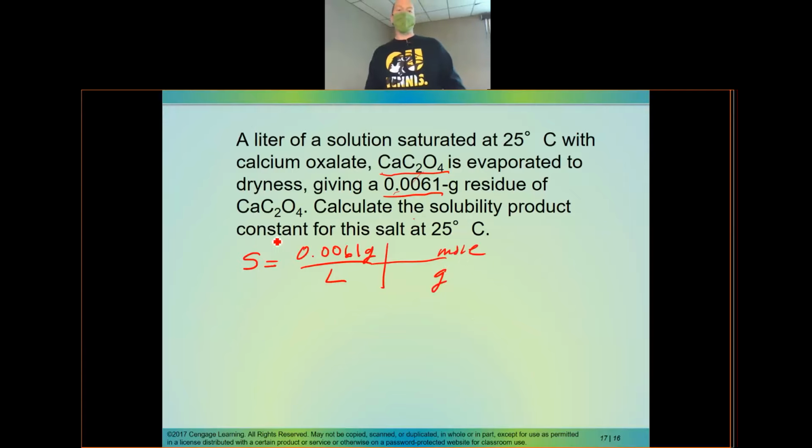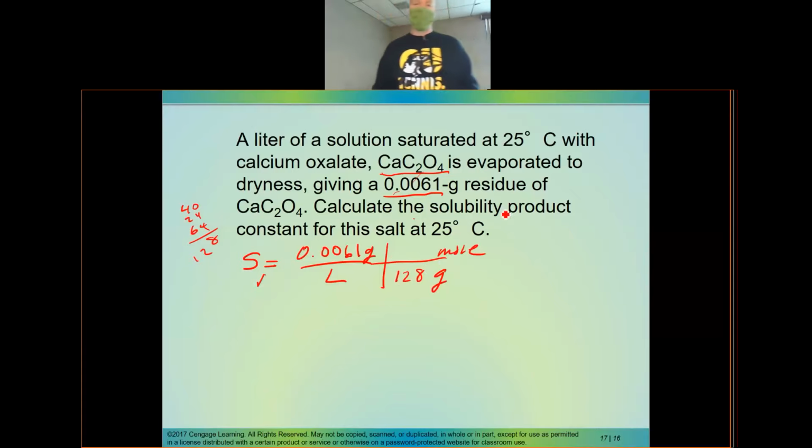You go to the periodic table, and you've got your calcium, about 40, then 24, and 64, so about 128-ish. You'll get the correct molar mass: 1 calcium, 2 carbons, 4 oxygens, add them up. Then your grams will cancel, and now you have the correct units, moles per liter.